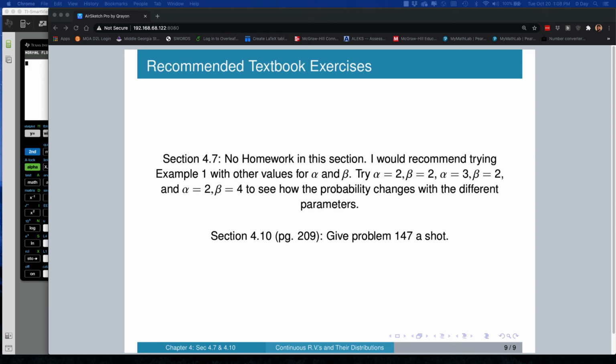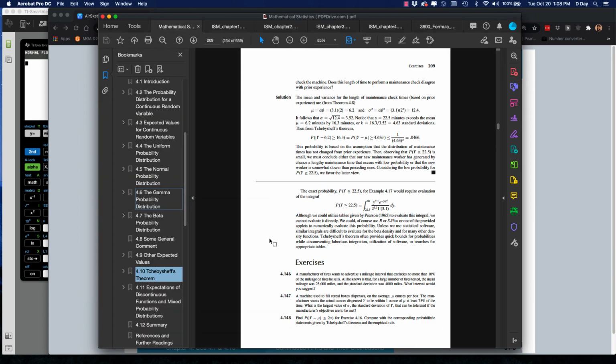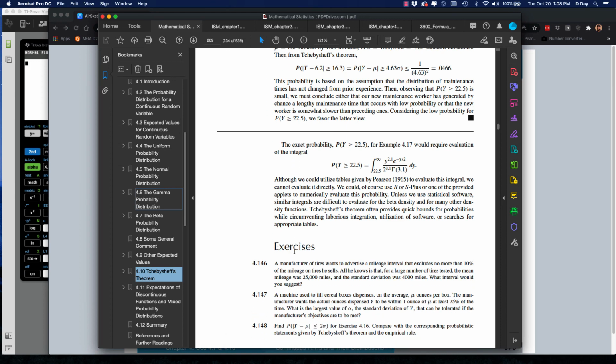And then in 4.10, you can give problem 147 a shot, I think. It's a cereal box filling thing. The manufacturer wants the actual ounces dispensed Y to be within 1 ounce of mu at least 75% of the time.